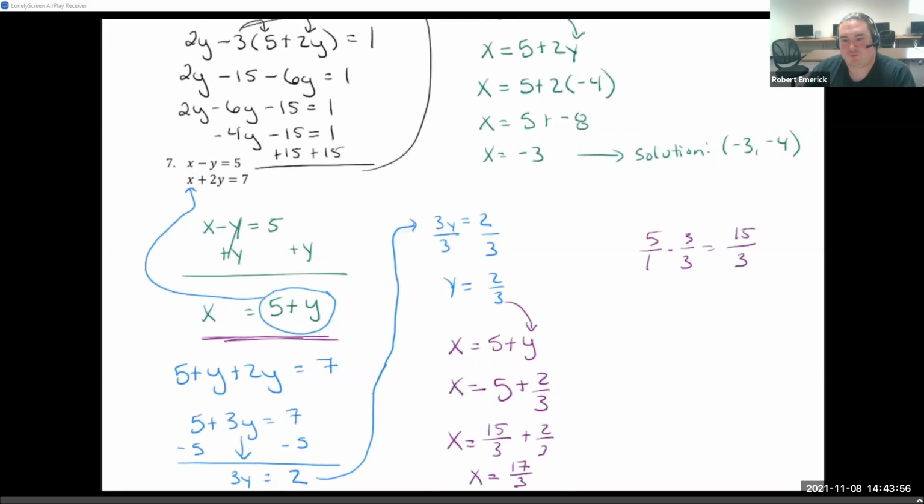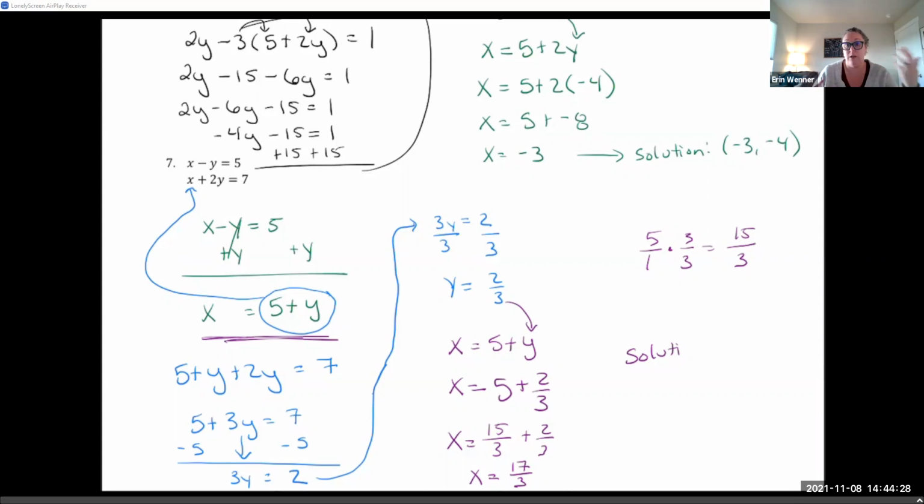I have a question. Wouldn't 5/1 be multiplied by 2/3? Why 2/3? Because that's what Y is. But I'm adding them together, not multiplying them. So in order to add fractions, you need to have common denominators, right? So I need to turn 5 into a fraction that has 3 as the denominator. So in order to do that, I multiply it by 3/3. 3/3 is a factor of 1, so I'm not actually changing the value of it.